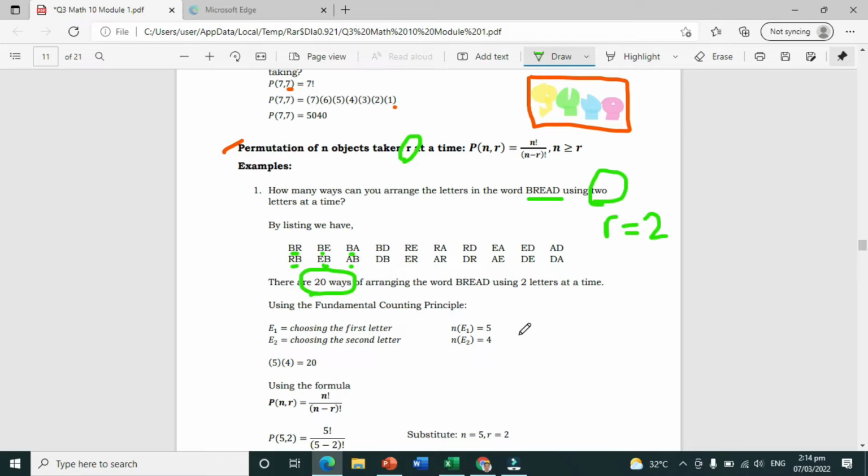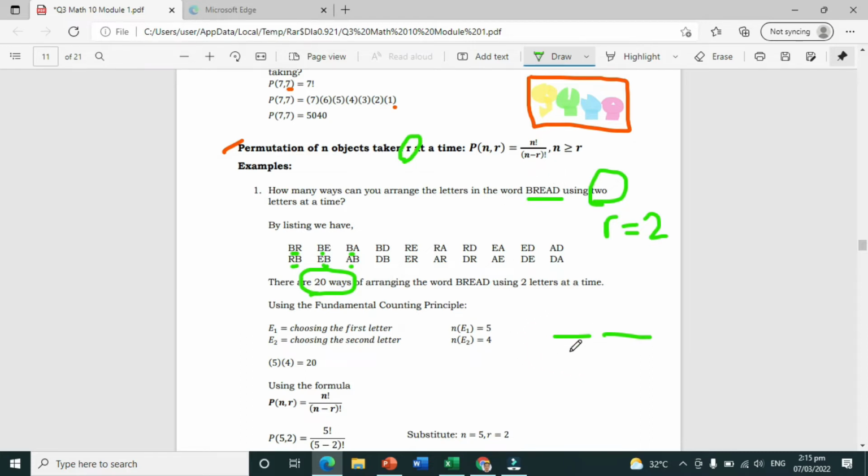Now, how about yung FCP or yung Fundamental Counting Principle? So, E1, meaning yan, the first digit. Sa first digit, since may dalawa lang tayo na i-consider, pero meron tayong 5 letters sa word na bread.